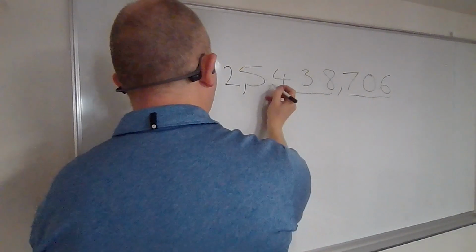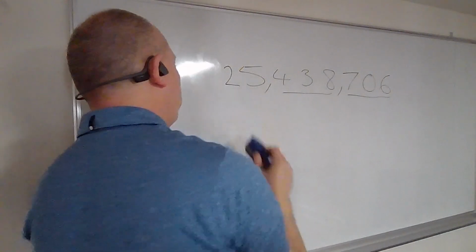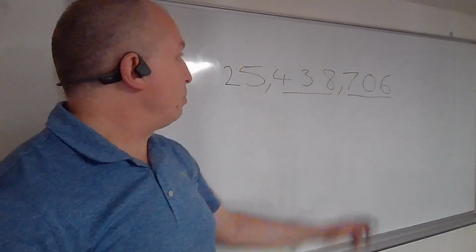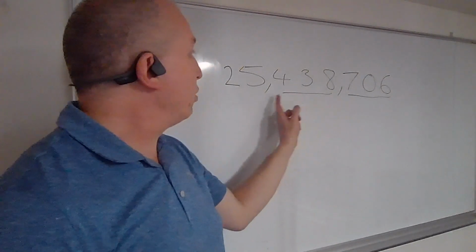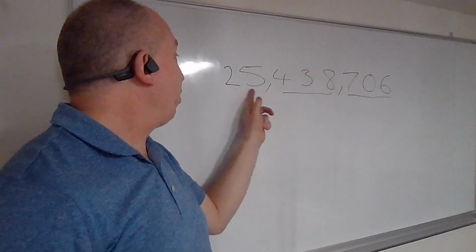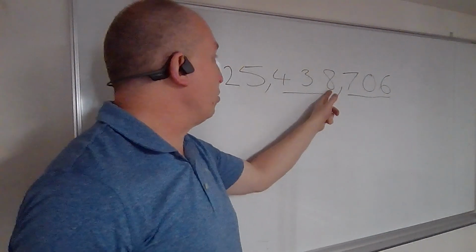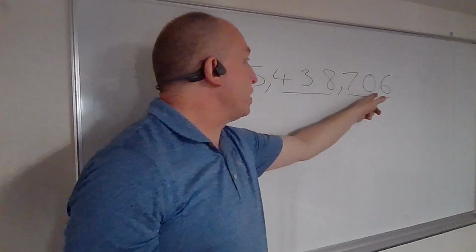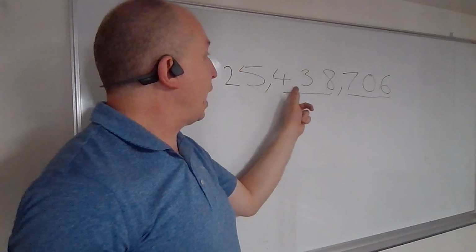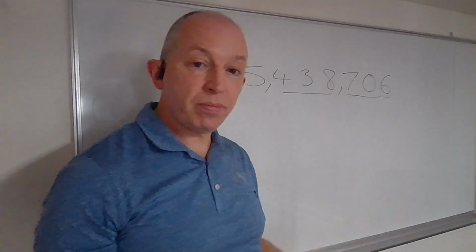And a comma here. So remember, these commas mean thousand and million. This number is 25,438,706.